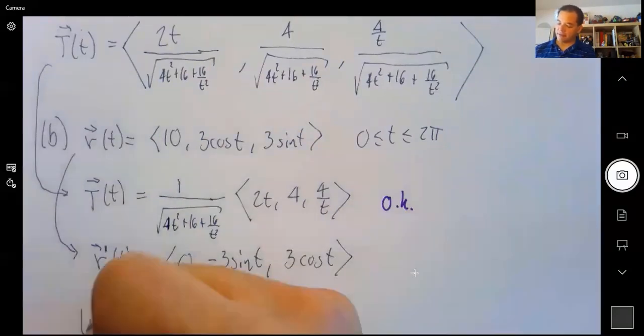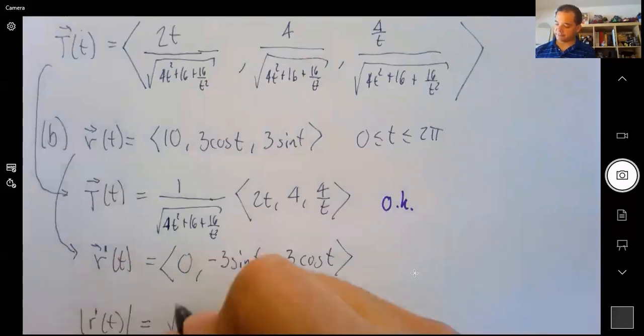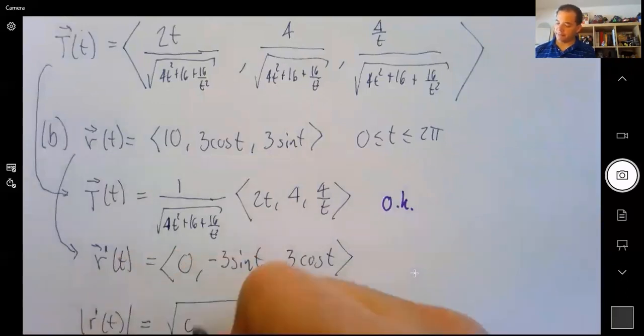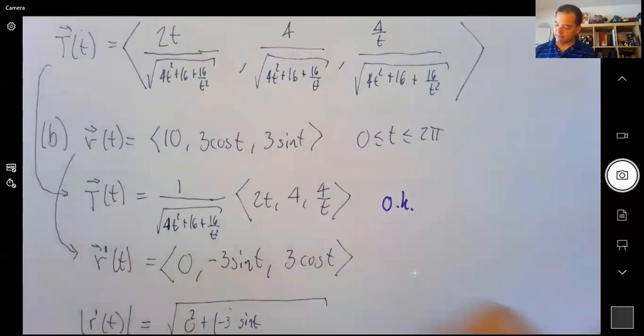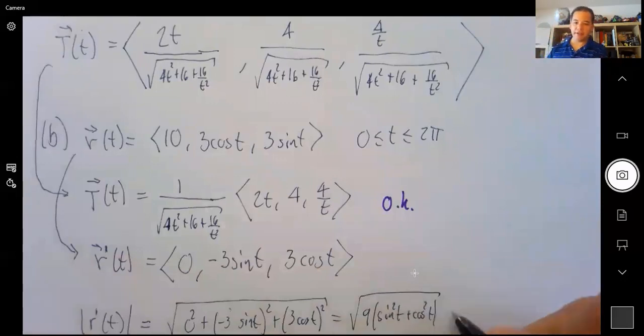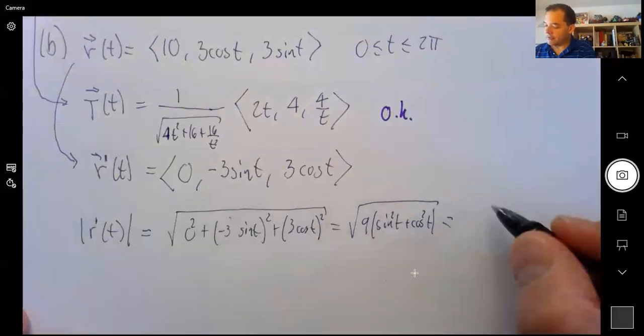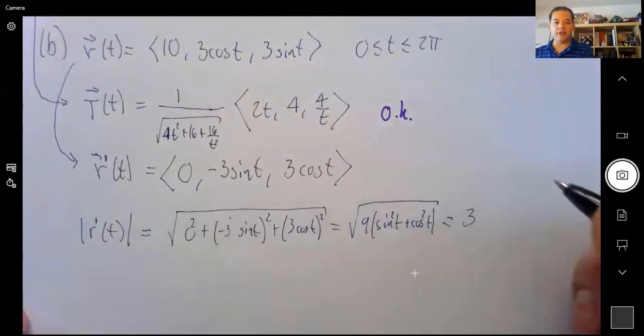What is the magnitude of this vector? 0 squared, negative 3 sine t squared, and 3 cosine t squared, which is 9 times sine squared plus cosine squared, which in this case we should obviously simplify. It's considerably easier. This is 1, and the square root of 9 is 3. So that magnitude is 3 all the time.